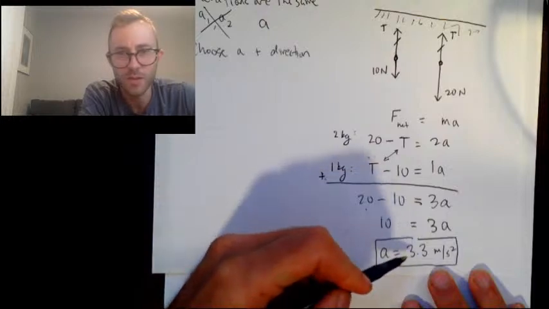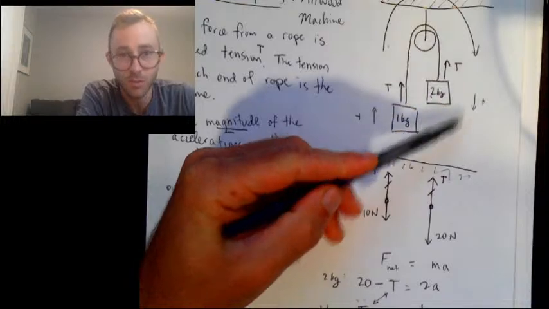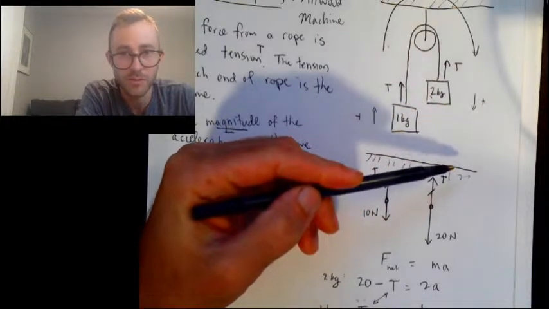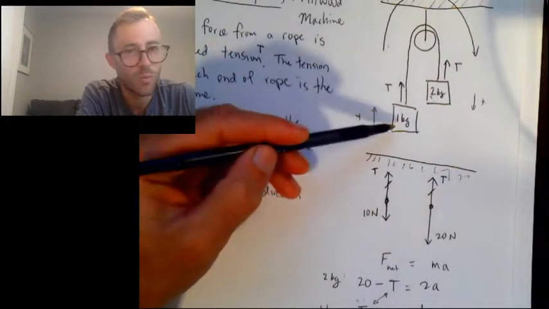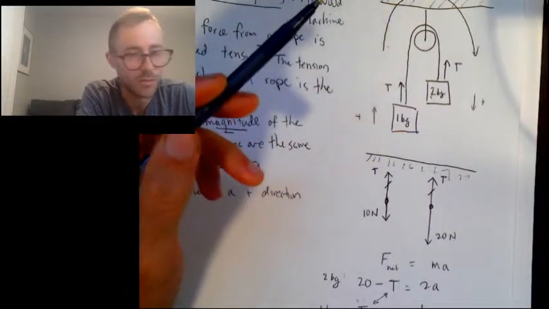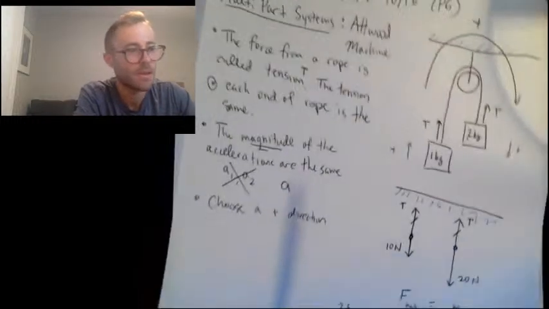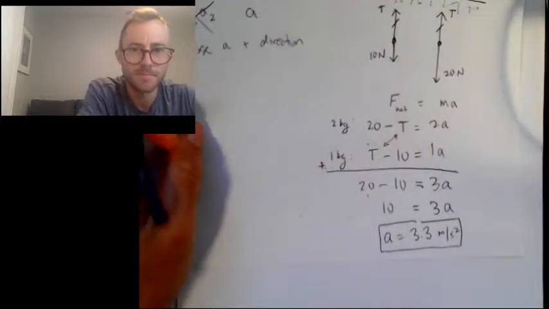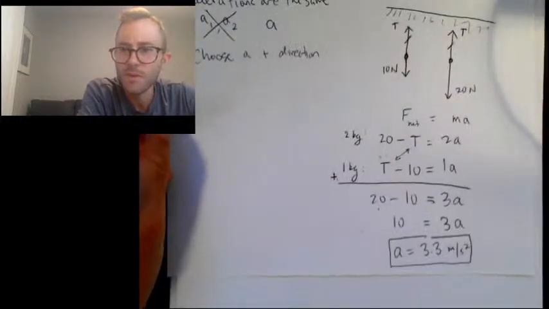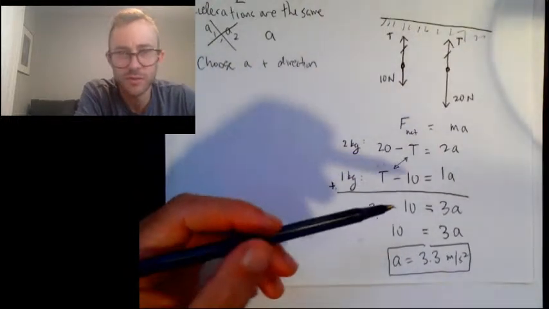So what does that mean? It means that the 2 kilogram mass is going to accelerate downward at 3.3 meters per second squared. The 1 kilogram mass is going to accelerate upward at 3.3 meters per second squared. All right? So excellent. I see that you know how to solve a system of equations.